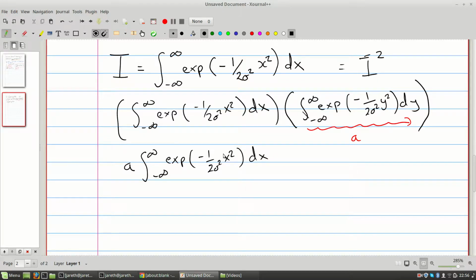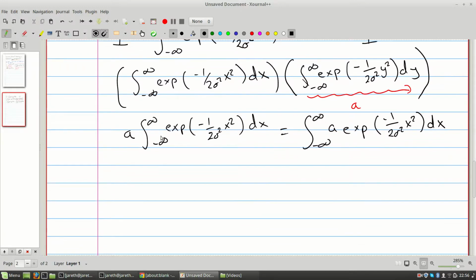So this is one way we can do this, and we can have the a inside this integral, right? So this is the same as having this inside, minus 1 over 2 sigma squared x squared dx. Now that we have this a inside, let us expand it out.